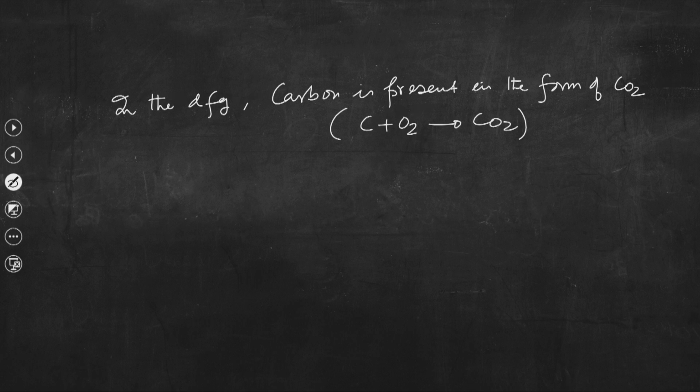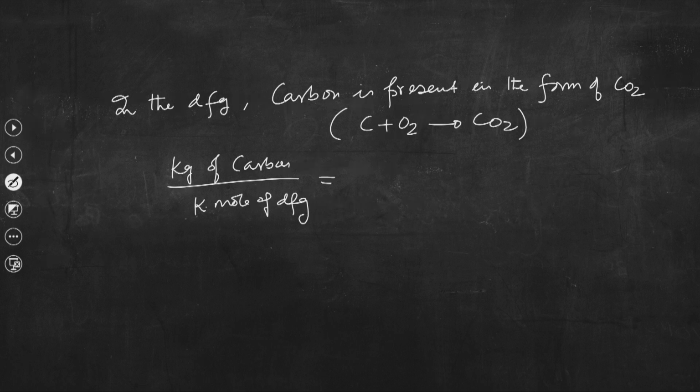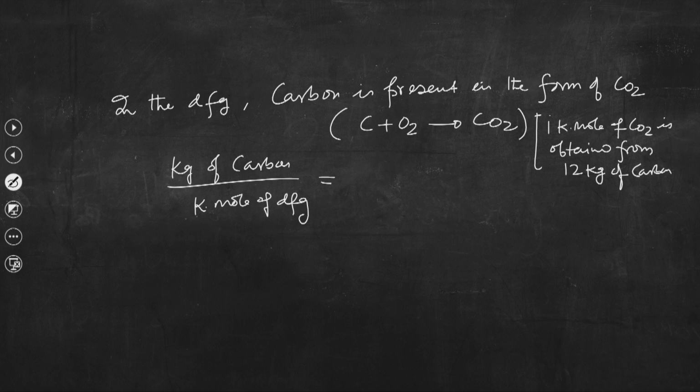So, you can understand from this that kg of carbon by kg of fuel, or I can write per kilomole of DFG, we can understand that 1 kilomole of CO2 is obtained from 12 kg of carbon.